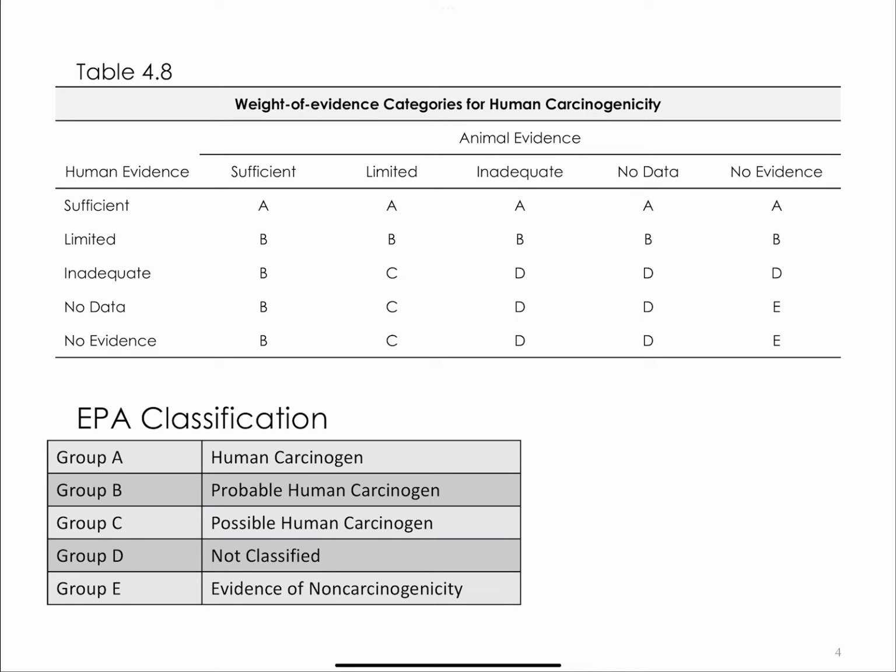So this table is leaning towards industrial benefits, not consumers' benefits. I think it's supposed to be the other way around, but anyway, that's how a chemical is classified as a carcinogen or not.